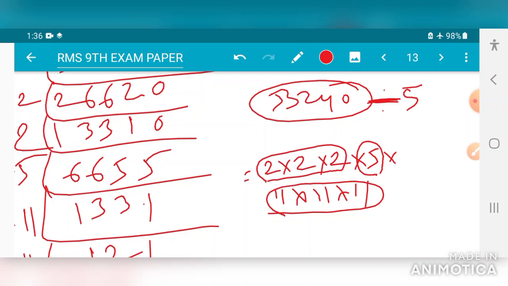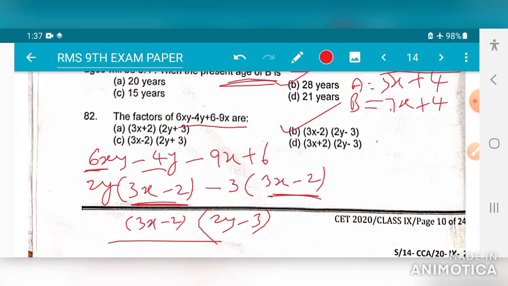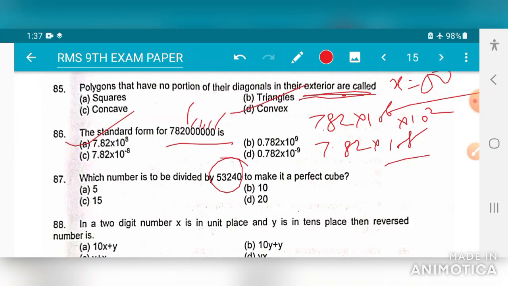Which perfect cube? 2 into 11, that means 22. So we have to divide by 5, right? Did you get this? Very good. So the number to divide by is 5.